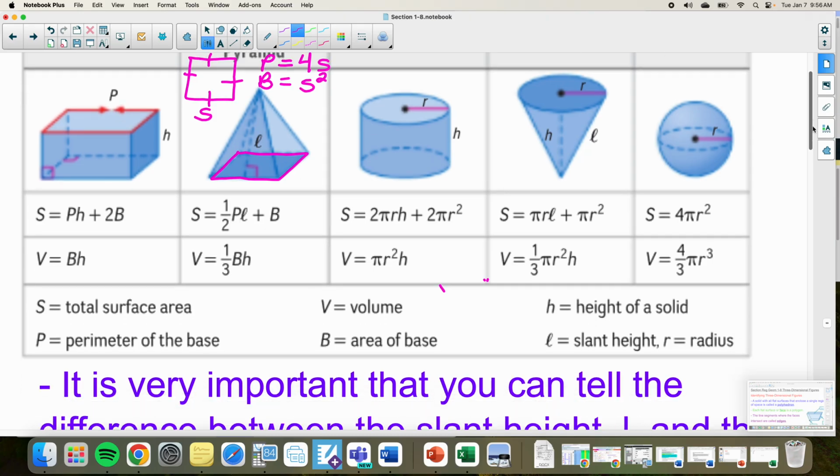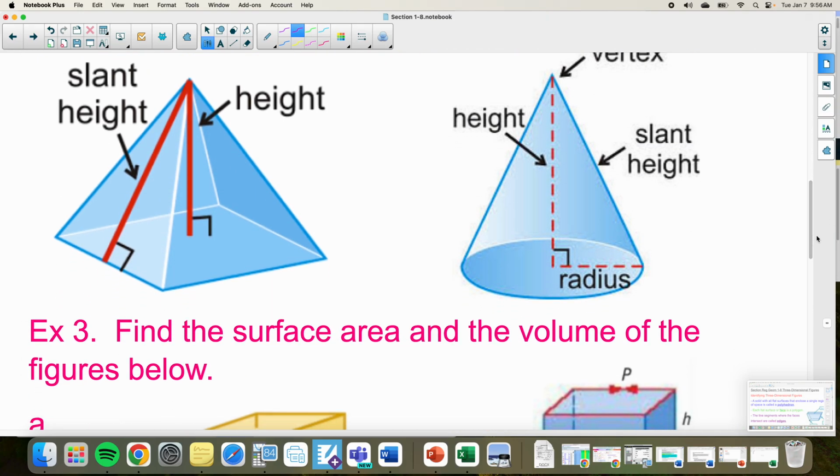Now I talked yesterday about how in a pyramid there are 2 heights. There's one that goes from the tip of the pyramid to the center of the bottom of the pyramid, and it's perpendicular to that.